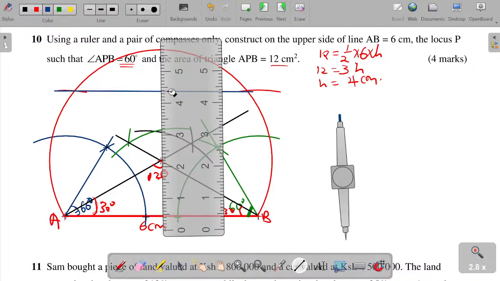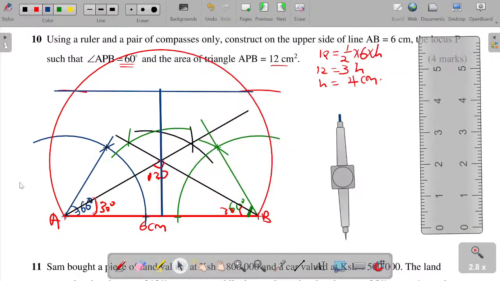Now, if I join from here to here like that, and anywhere from A to this point, if I join from A to here, then from B to that point, and I calculate its area, it will be 12 square centimeters.